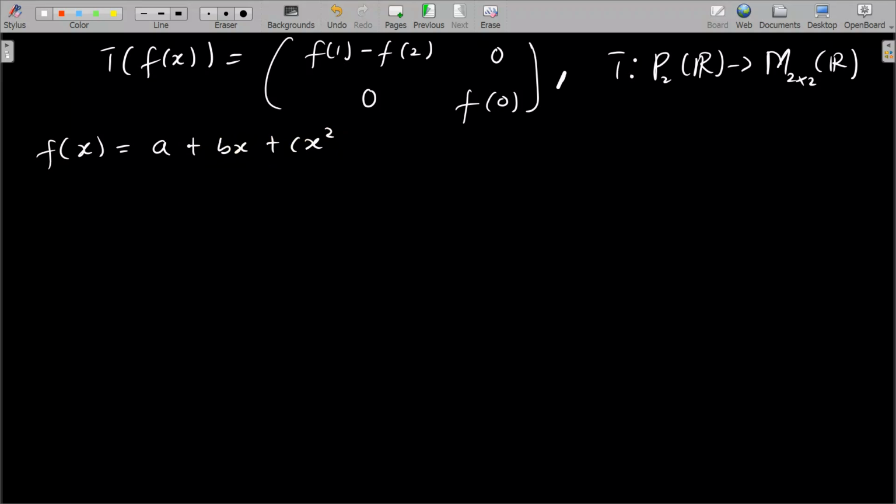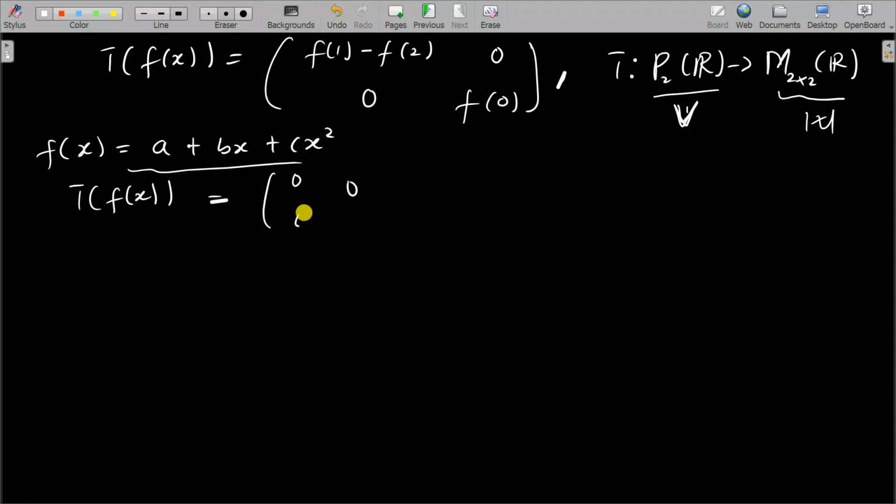So we want to find all the polynomials of this form such that t of that f of x will give you the 0 vector in w. Here w is this and this is v. So, okay, and the 0 vector in w is 0, 0, 0, 0. That's a 0 matrix.